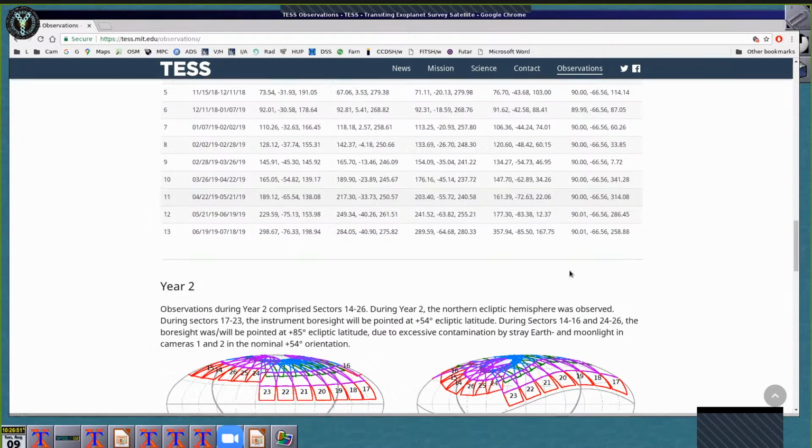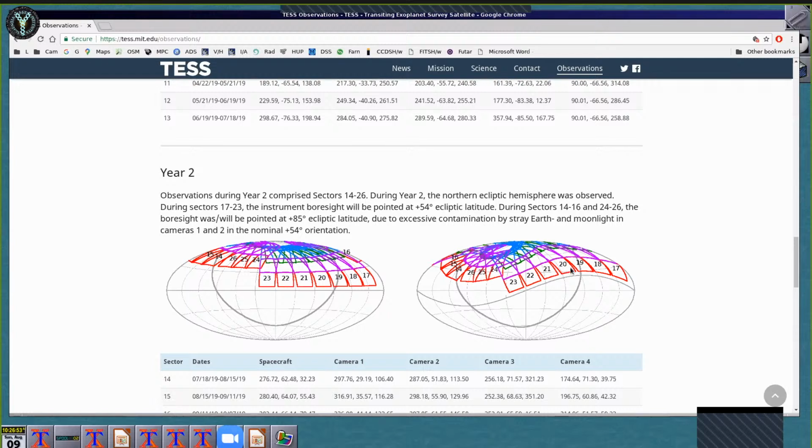But it turned out during the mission that the stray light in this part of the sky, which is basically the summer season, a little bit northern from the ecliptic, was affected by Earth and Moon quite significantly, so the mission operations concluded that it would be better to shift the field of view of TESS toward the north.